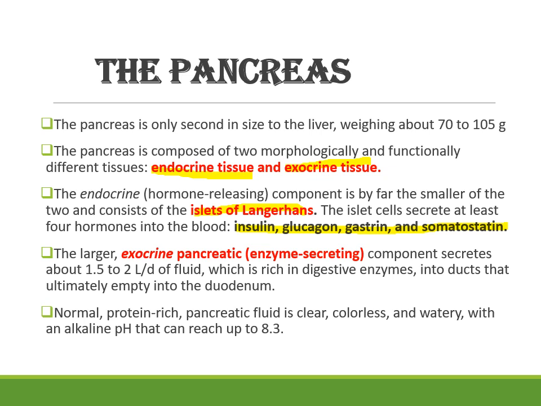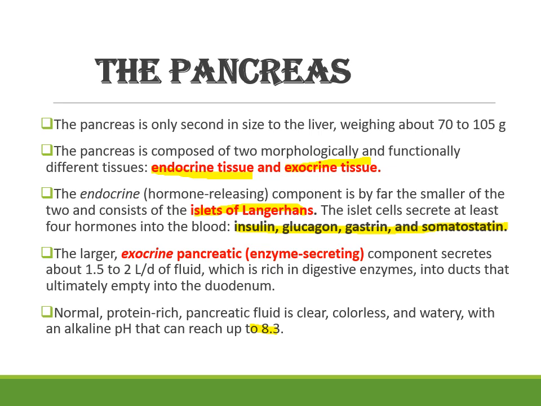Another function of your pancreas is the release of digestive enzymes, which help in the breakdown of food. The normal protein-rich pancreatic fluid is actually clear, colorless, and watery. The pH of pancreatic fluid can reach up to 8.3.